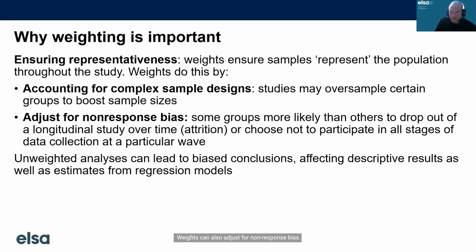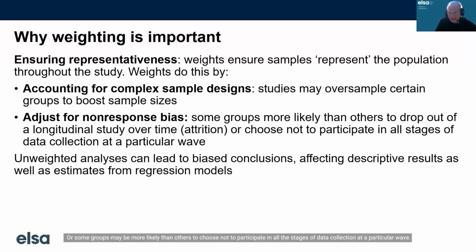Weights can also adjust for non-response bias. So some groups may be more likely than others to drop out of the longitudinal study over time, or some groups may be more likely than others to choose not to participate in all the stages of data collection at a particular wave.